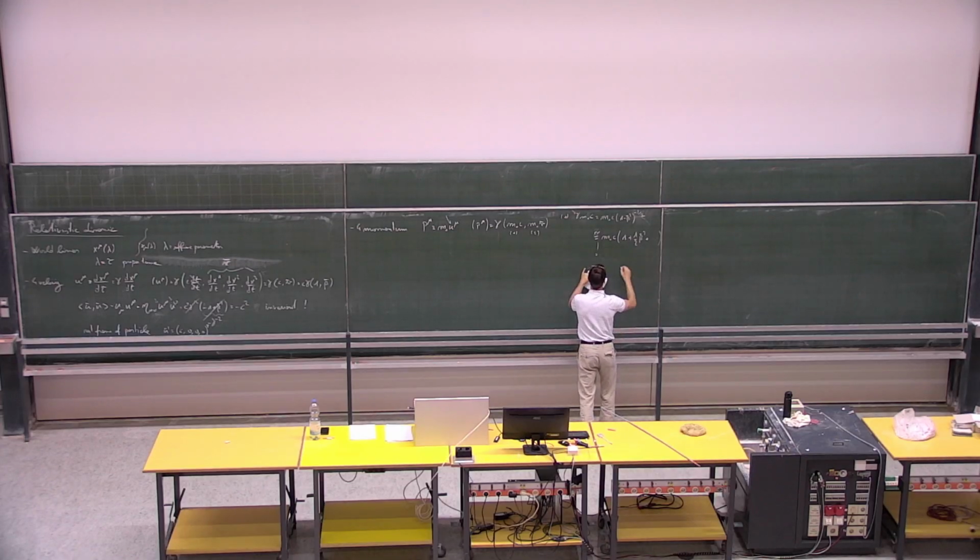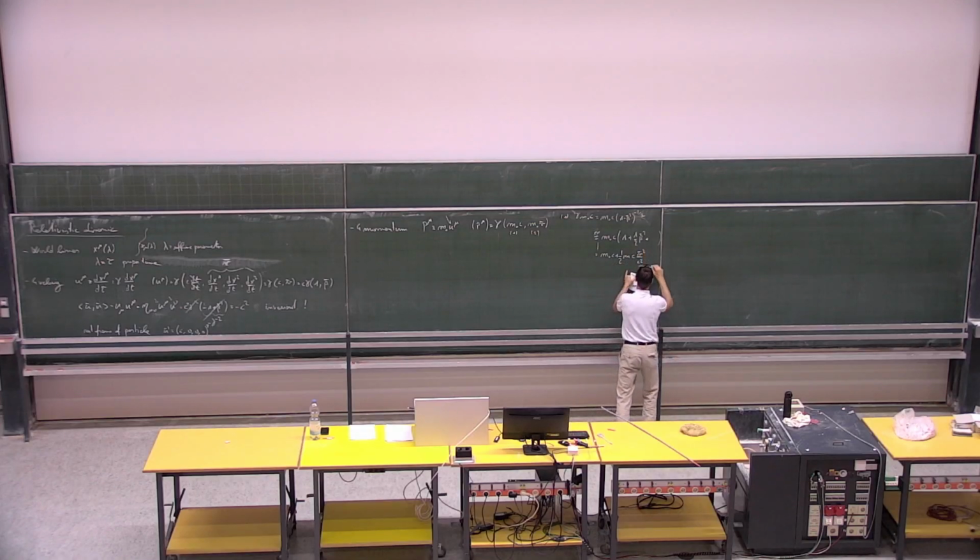Let's make the multiplication explicit. So we have m0 c plus 1/2 m0 c times v squared over c squared. I'm using the c squared which was hidden there. And then there are the other terms.